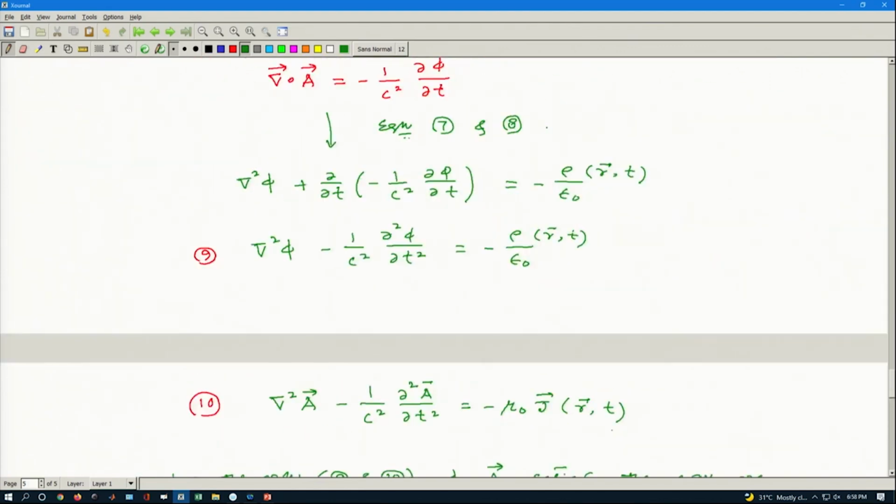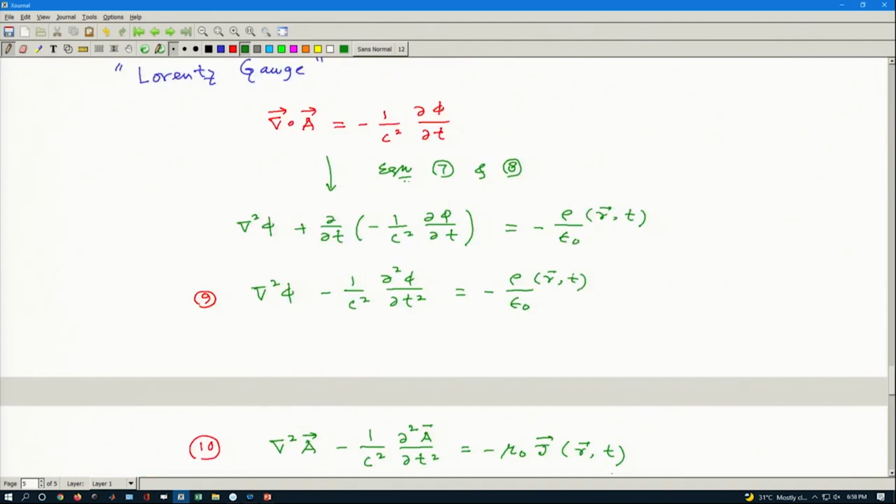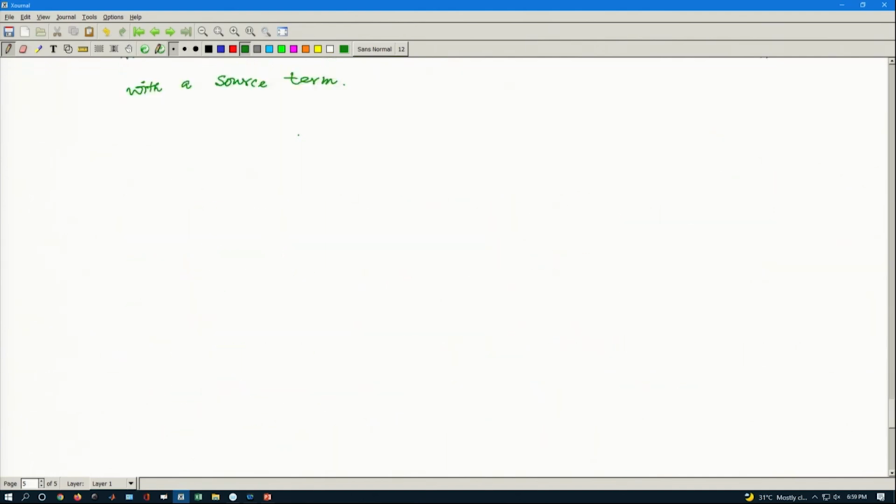Okay. Now, like before, this Lorentz gauge condition, I need to fix it, because I considered that divergence of A plus 1 by c square del phi del t is zero, but for a given A and phi this condition may not be true, right, this condition may not be satisfied. So then what do we do? We need to fix that, like we did in the Coulomb gauge.